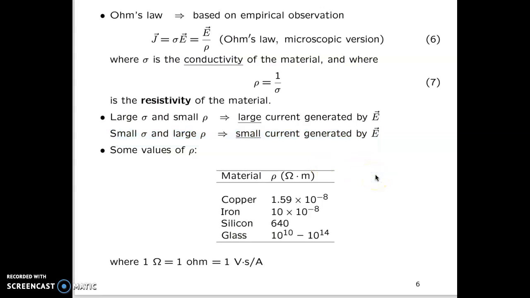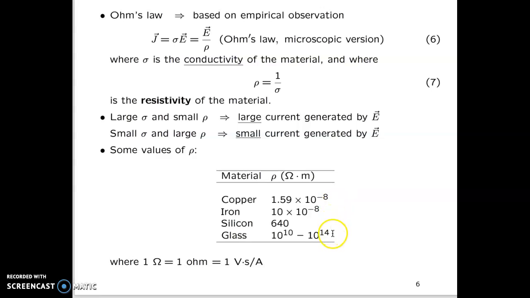That's what resistivity means. The values of these quantities, sigma or rho, the conductivity or the resistivity, are unique to different materials. So here are a few of them: copper, iron, silicon, and glass. It's a small table for the resistivities of the materials.